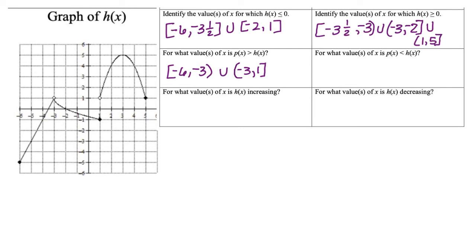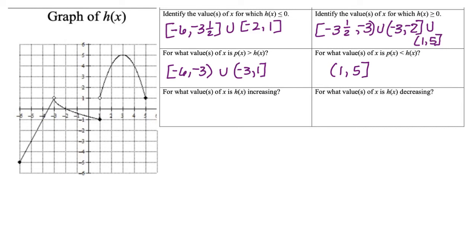Now what about where p of x is less than h of x? So we're going to go from 1 to 5 included. And then where is h of x increasing?